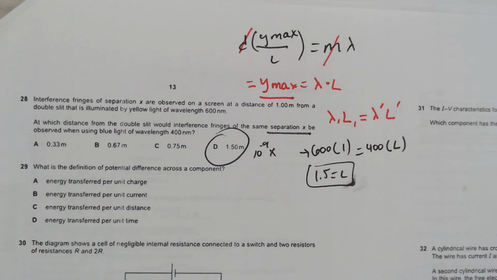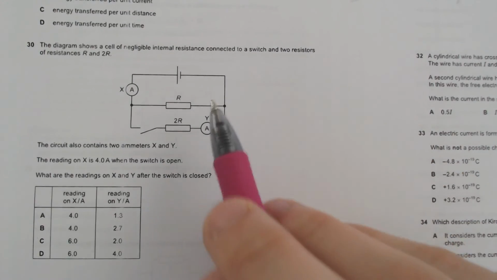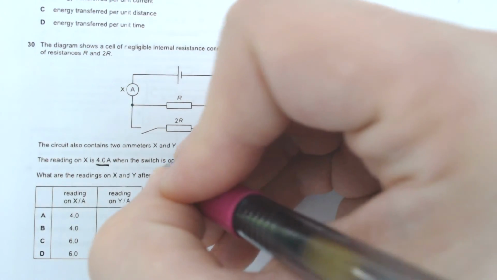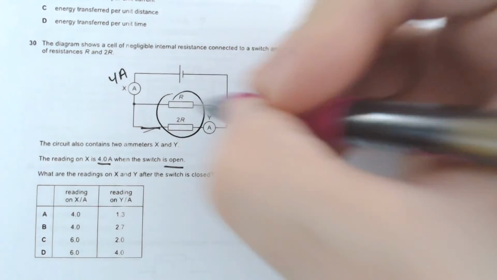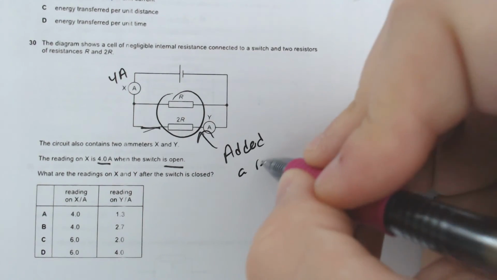The last one is 30. I like 30. It's a circuit question. You don't like 30, eh? The reading on X is 4 amps when the switch is open. After we close the switch, you have added a resistor in parallel.